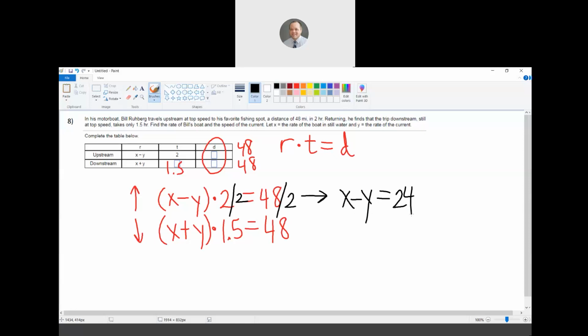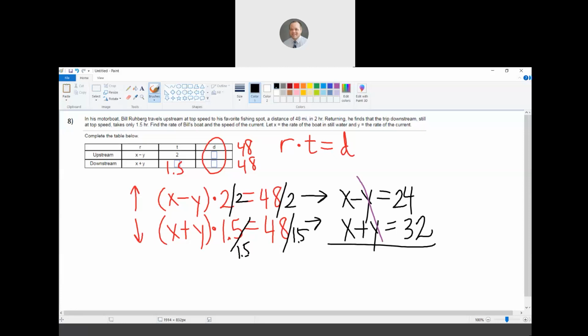Divide both sides by 1.5. Our new equation there is x plus y equal to 32. Right away, you can cancel out the y's because they're the same term and have opposite signs. So they are gone.